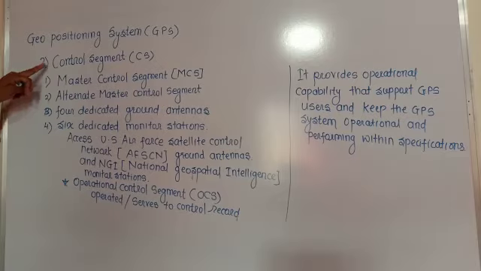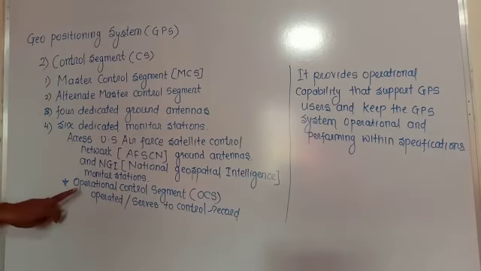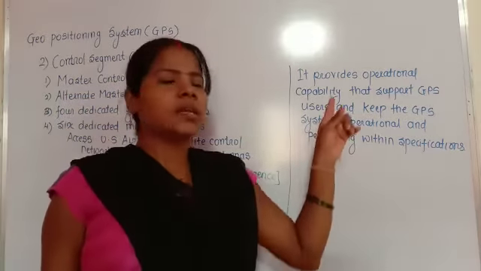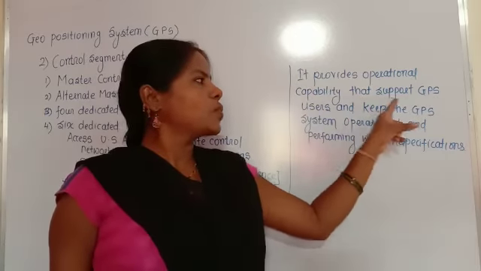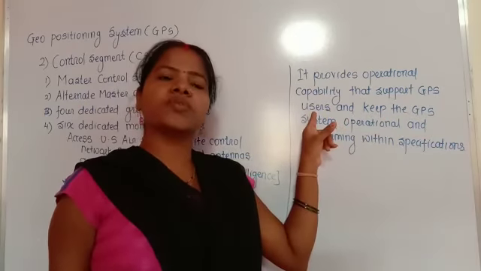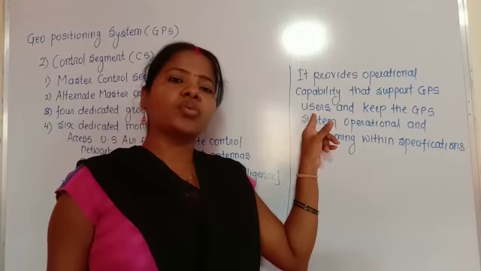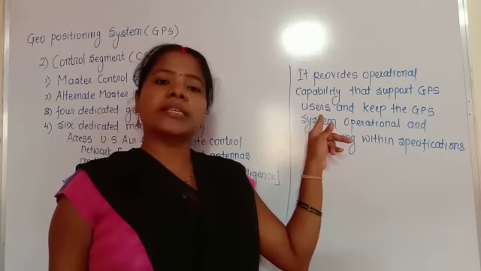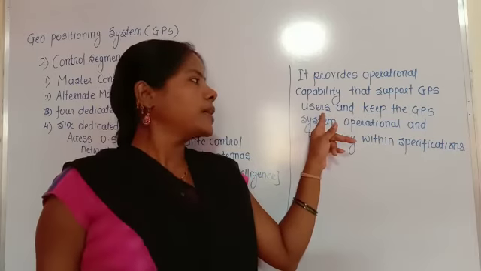This is the working of the control segment. The operational control segment currently serves as the control segment of record. It provides operational capability that supports GPS users. GPS users means we who use a mobile phone, car, watches, etc. by using satellite connections and satellite signals.